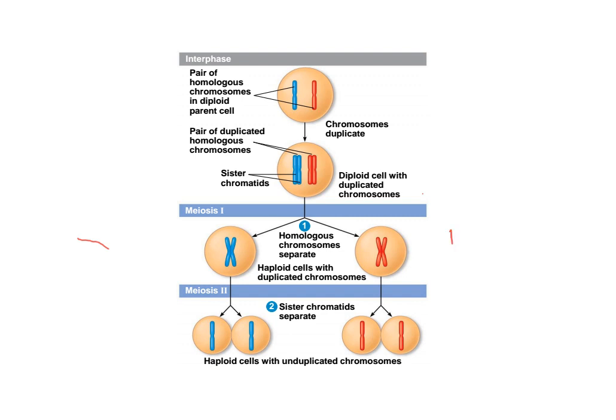So meiosis 1 reduces the chromosome number. Meiosis 2 reduces the DNA quantity. Take note of the difference between meiosis 1 and 2: before meiosis 1 there's interphase, before meiosis 2 there's no interphase, because the DNA amount needs to be reduced further, so you cannot double the DNA amount again.